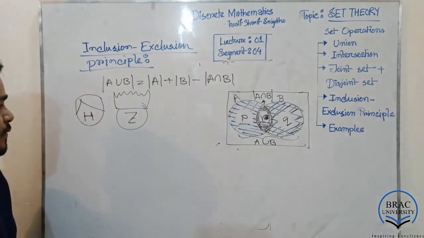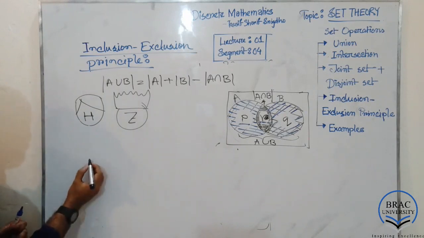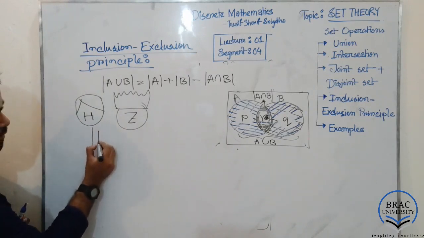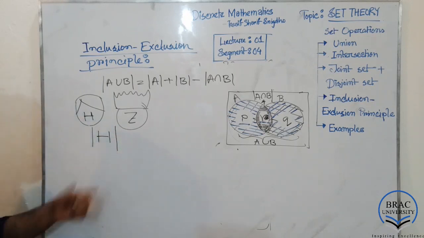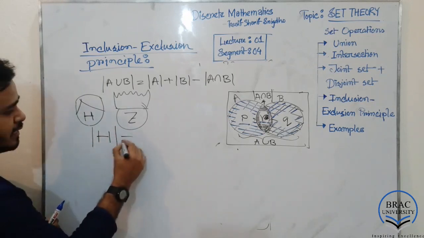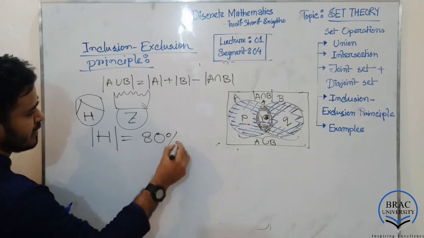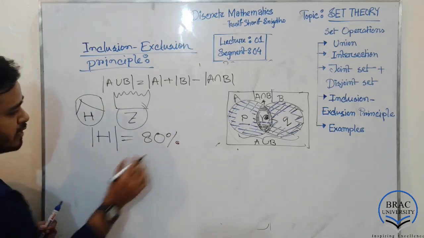So we can write here that the percentage of the fans of hero alum in BRAC University is 80%. That is, cardinality of H equals 80%.